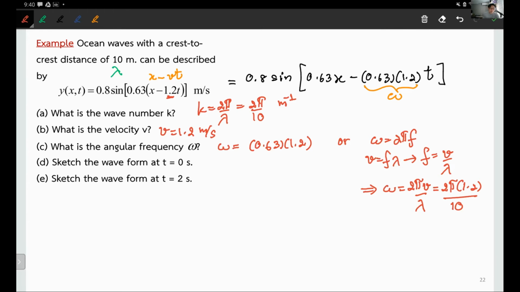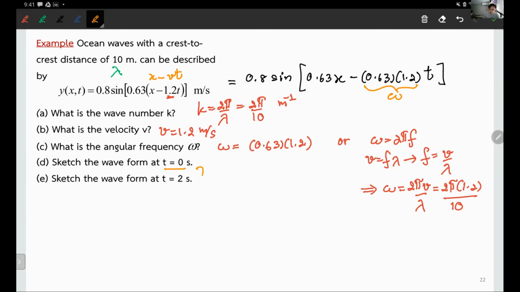All right, part D and part E. I'm probably not going to ask you to do this in the exam because you can plot it using mathematical plotting tools that you can find online. But now you know what it means by the waveform. When you say, what is the waveform at t equal to 0, it means you have to substitute t equal to 0 into your equation.